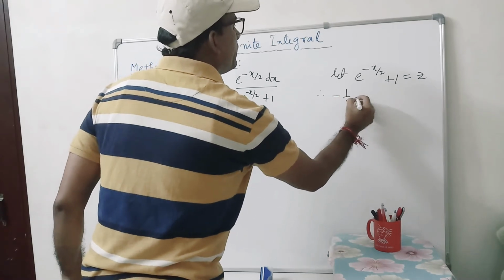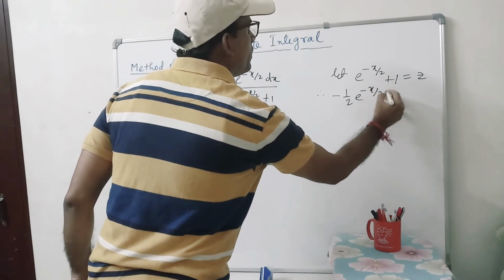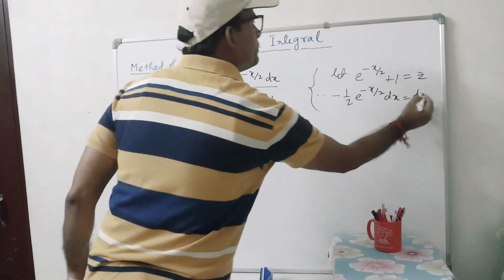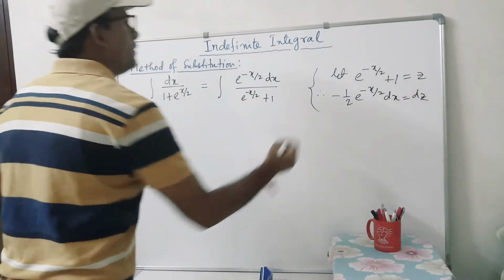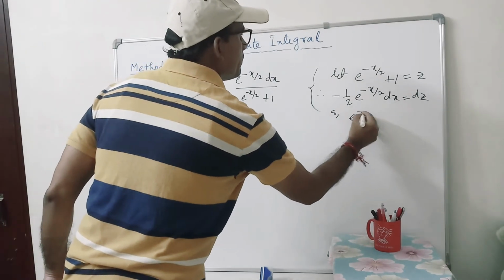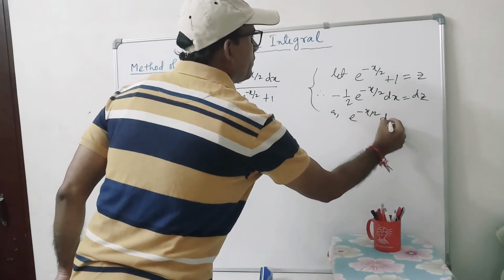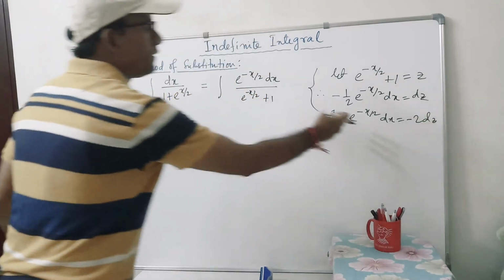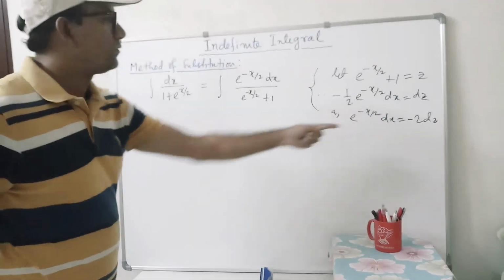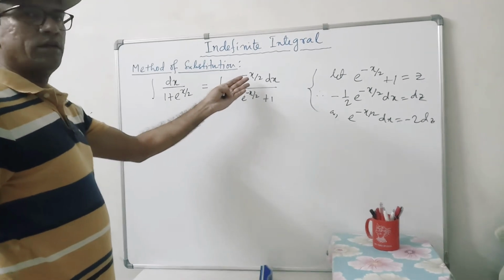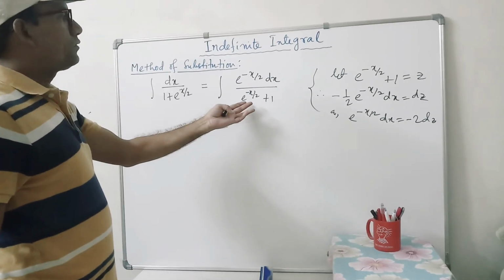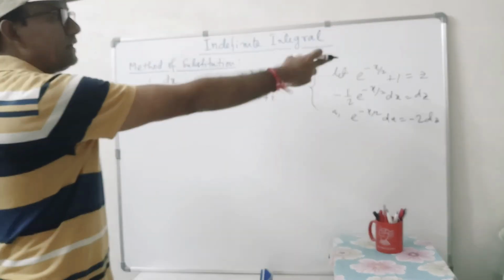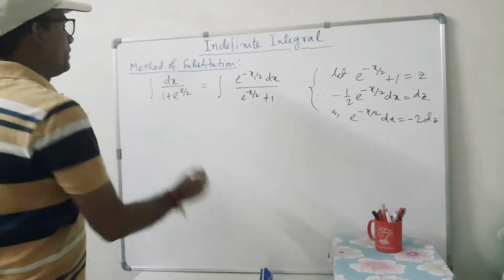Minus of e to the power minus x by 2 dx equals dz. So see, e to the power minus x by 2, that is the numerator, has come. So we took the denominator e to the power minus x by 2 plus 1 as z, the new variable.